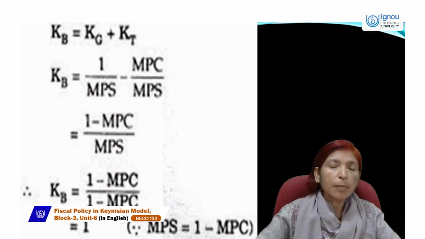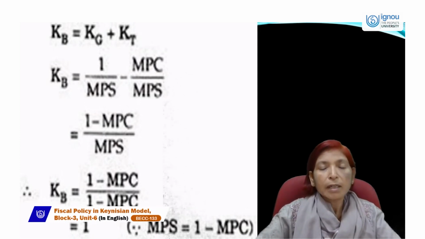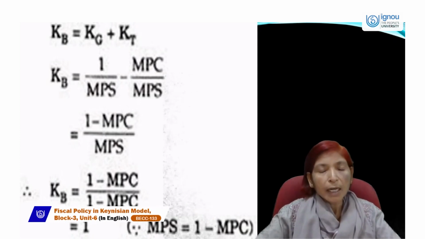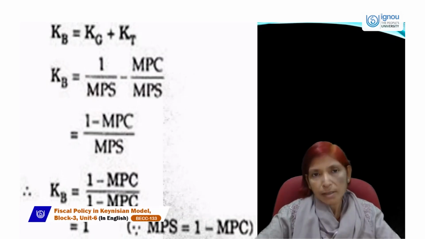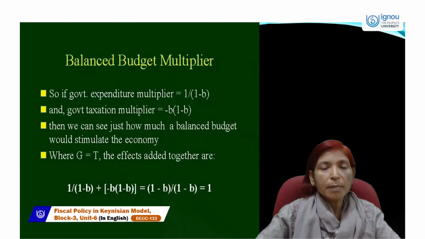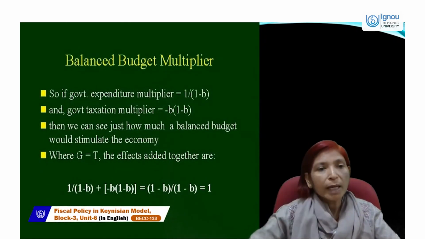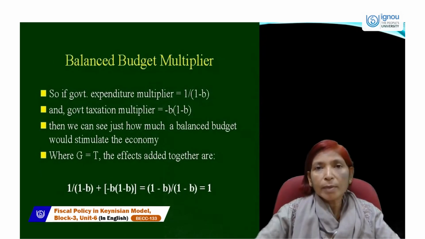And with the help of this formula, we can derive the value of unity and show how balanced budget multiplier works. Now next is balanced budget multiplier. You know that government spending multiplier is always equal to 1 upon 1 minus MPC, and tax multiplier is always equal to minus MPC upon 1 minus MPC.